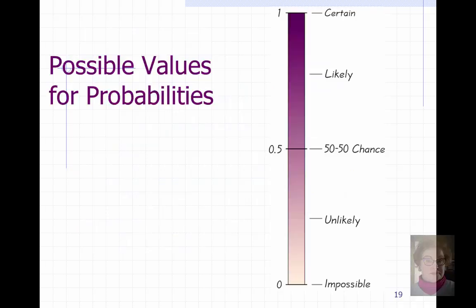So again, possible values for probability range from 0, it isn't going to happen, to 1, that it is. So we either talk about it as a decimal number or as a percent. It's always going to happen is 100%. It's going to happen half the time will be 50%. It's not going to happen is 0%.